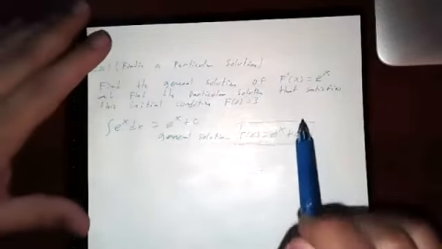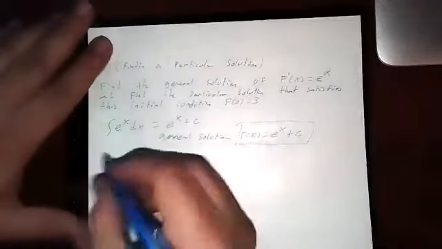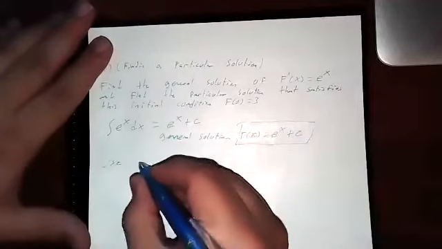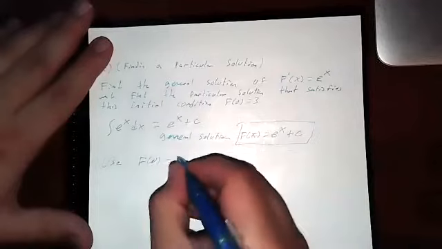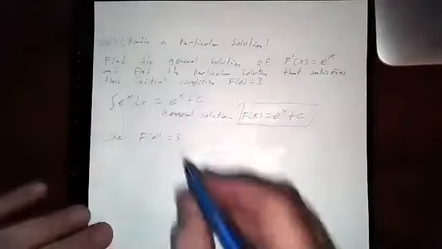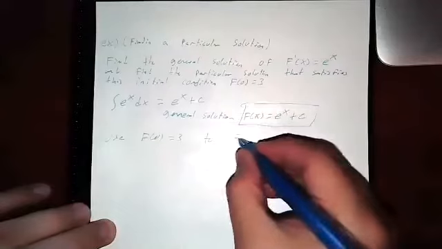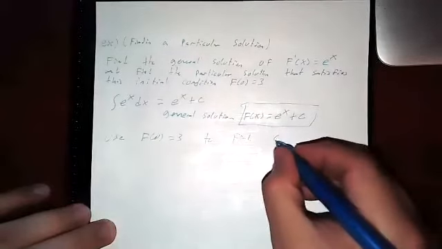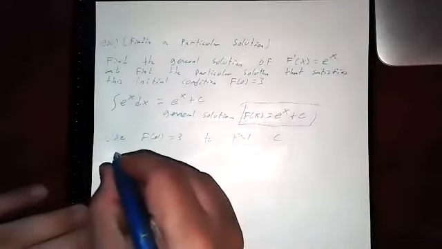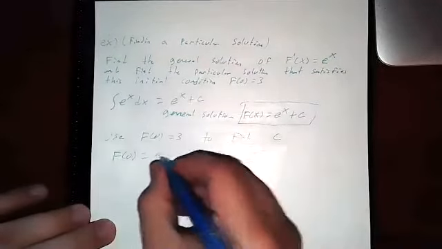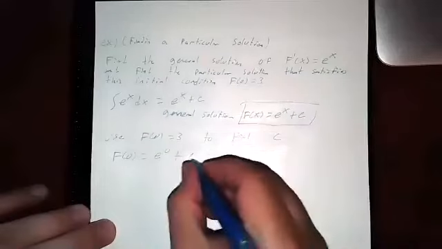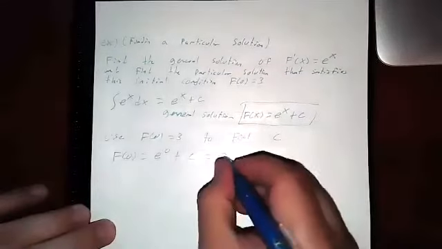Now the particular though. So use this initial condition, f of 0 equals 3, to find C. So just plug it in. So f of 0 equals e to the 0 plus C, which is equal to 3.